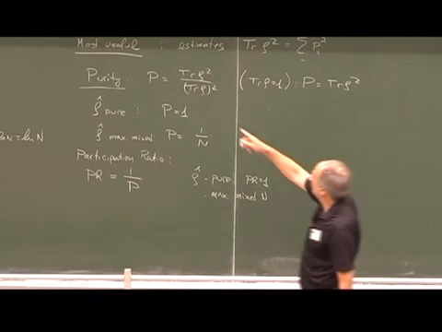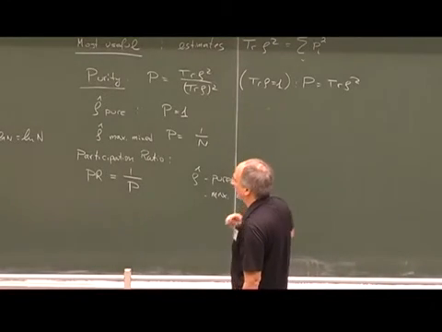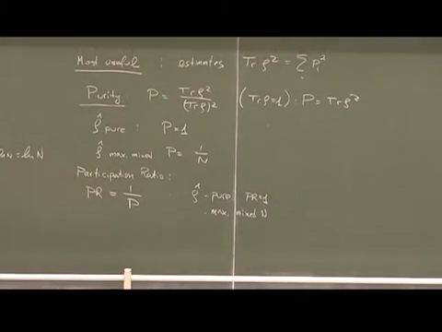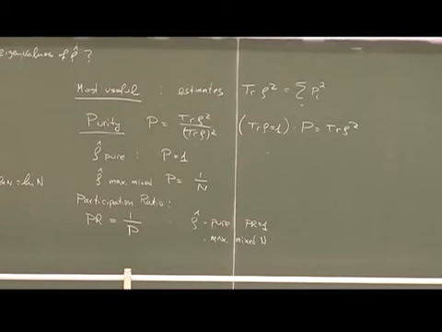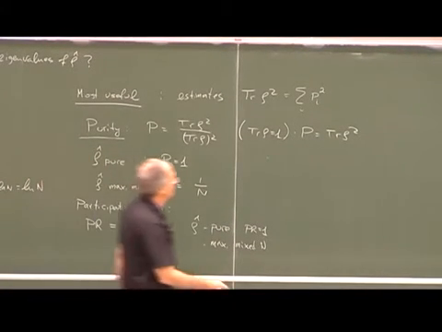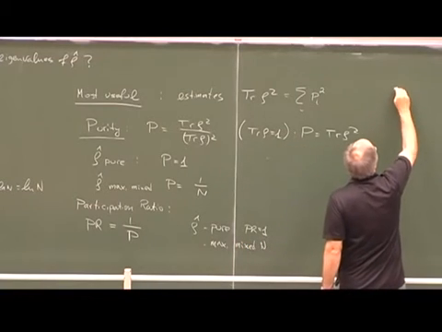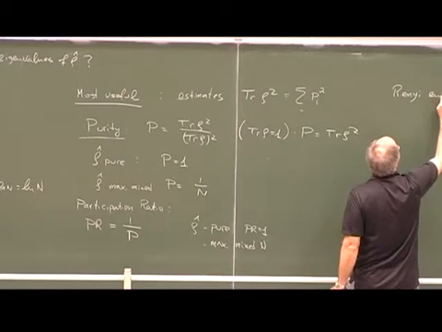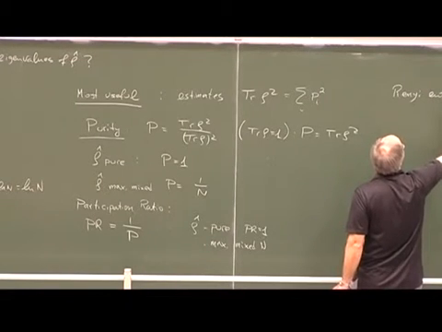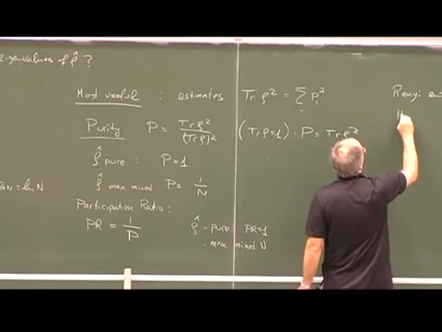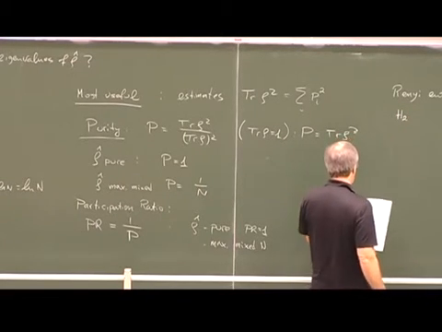Now, another quantity that is related to this estimate is called the Rényi entropy. I understand that now it became very popular, and you can understand why. Actually, it's the second Rényi entropy, of order 2.